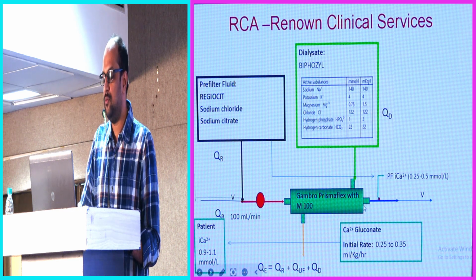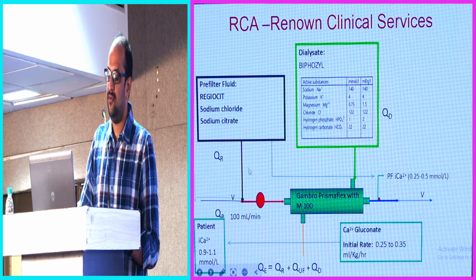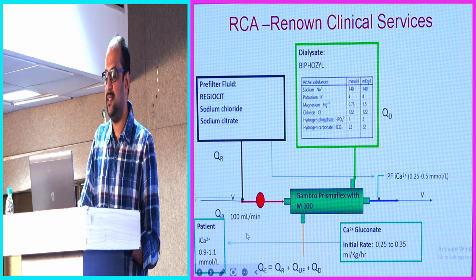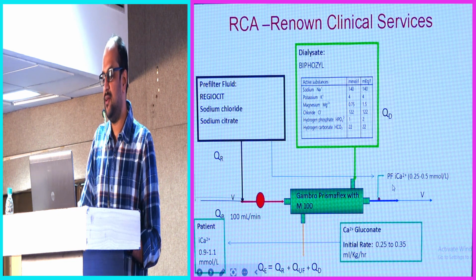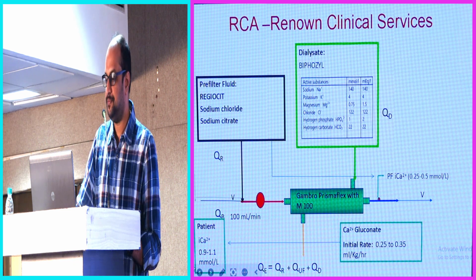And we need to be aware of all these mechanisms, because once again I am telling, we will be giving Residuocit in the pre-filter mode, and the dialysate will be going in the dialysate limb, and we will monitor post-filter ionized calcium and pre-filter ionized calcium. The post-filter ionized calcium will be monitored by a VBG. Pre-filter ionized calcium will be monitored in the form of ABG.